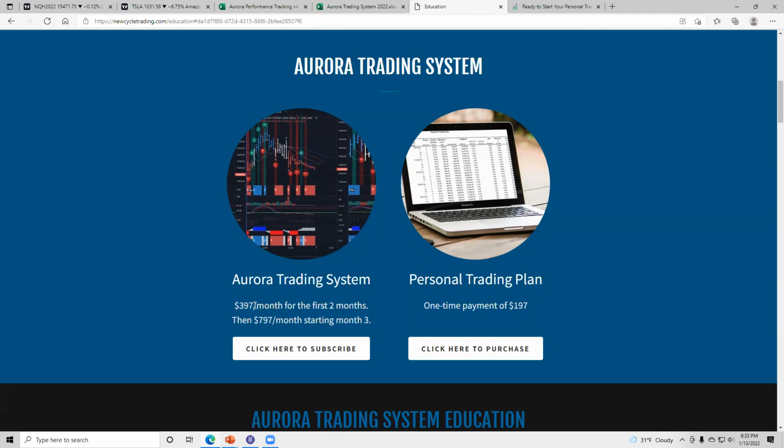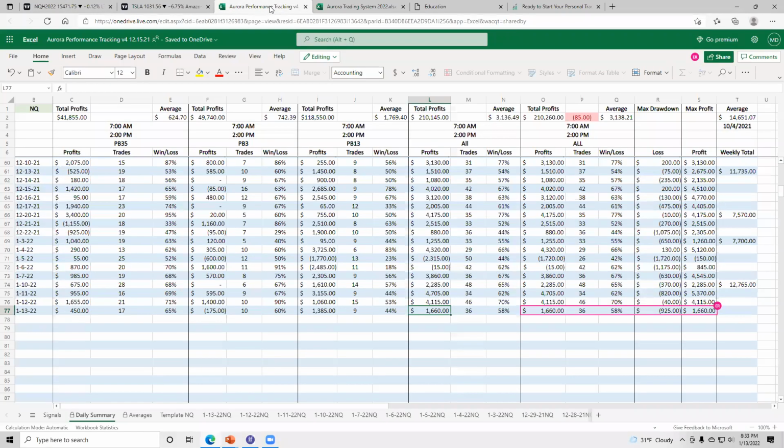In order for you to cover the cost of your first 3 months, that would require just 80 points of profit. Those 80 points can come in a single day, like they did today.